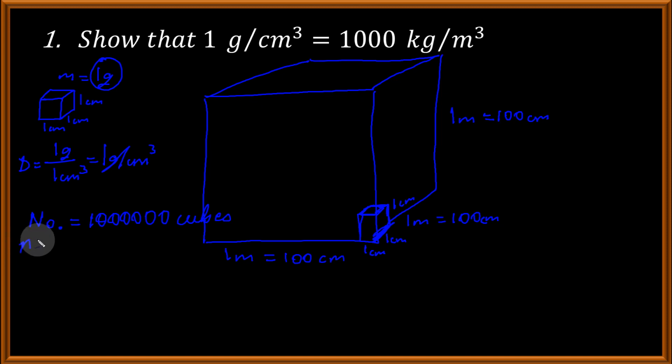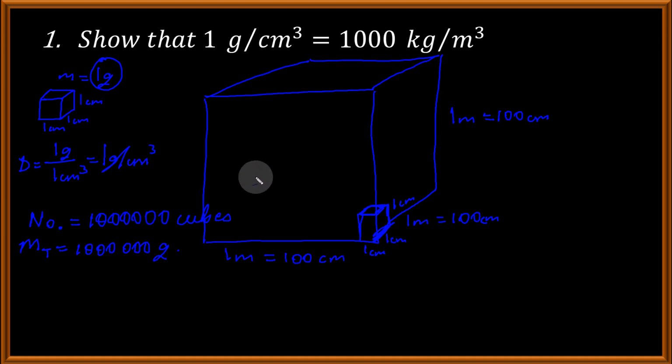Now, if 1 million small cubes fit into this space, and one small cube has a mass of 1 gram, what will be the total mass of those small cubes? You will agree with me, it will be 1 million cubes times the mass of one of them, which is 1 gram, and we are going to have 1 million grams.